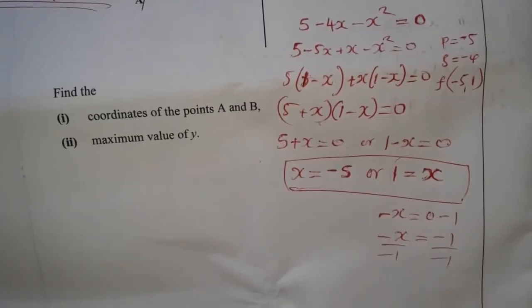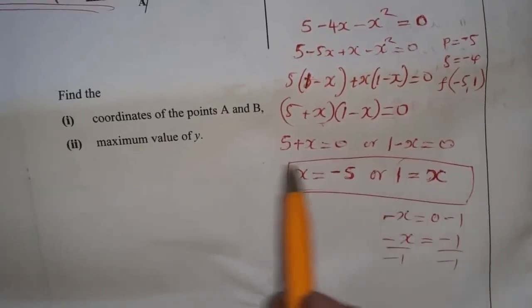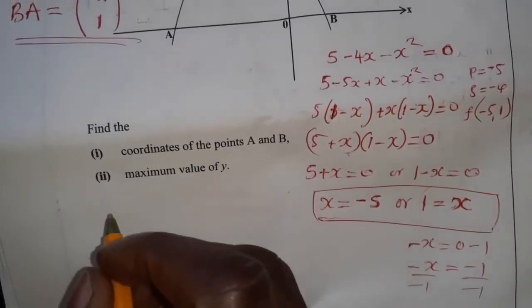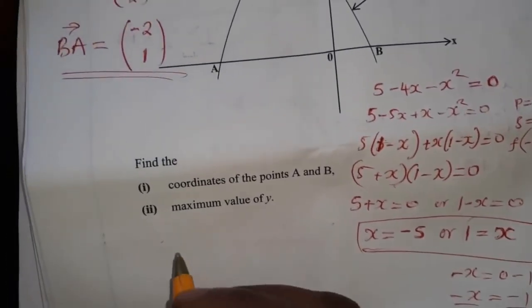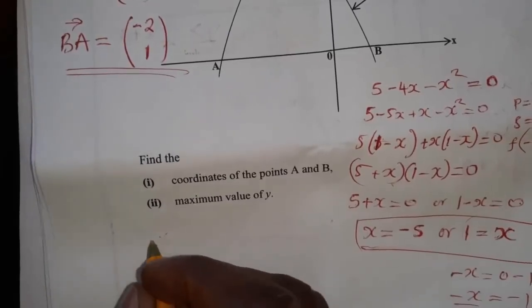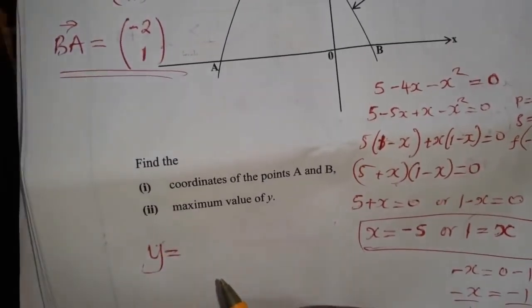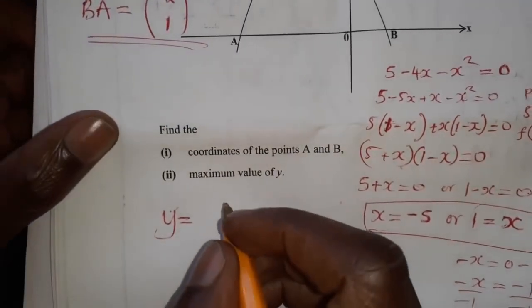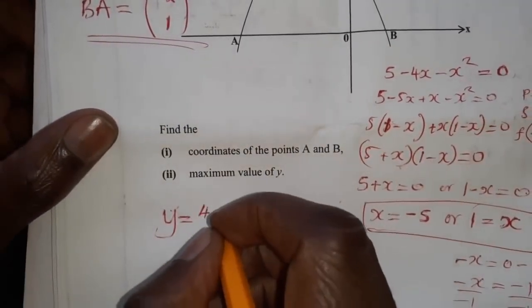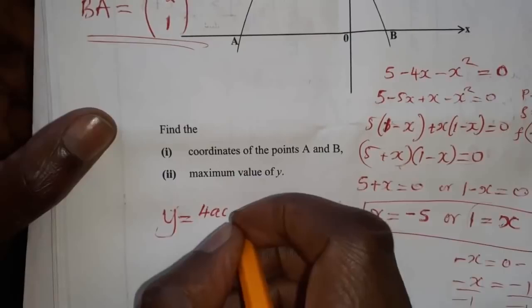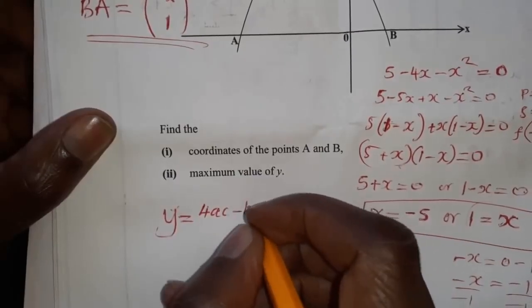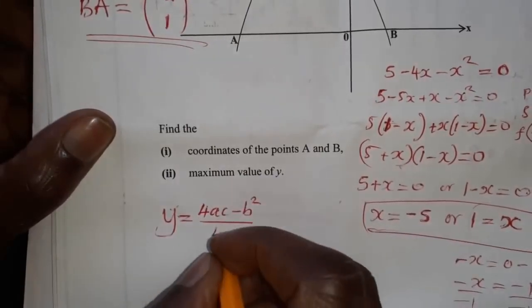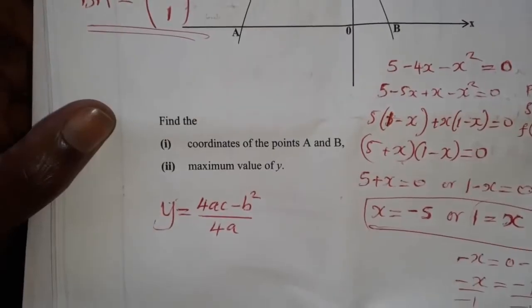Then we can come to the maximum value of y. For the maximum value of y, there are two methods that we can use. Maybe we can stick to one, which is 4ac minus b squared over 4a.